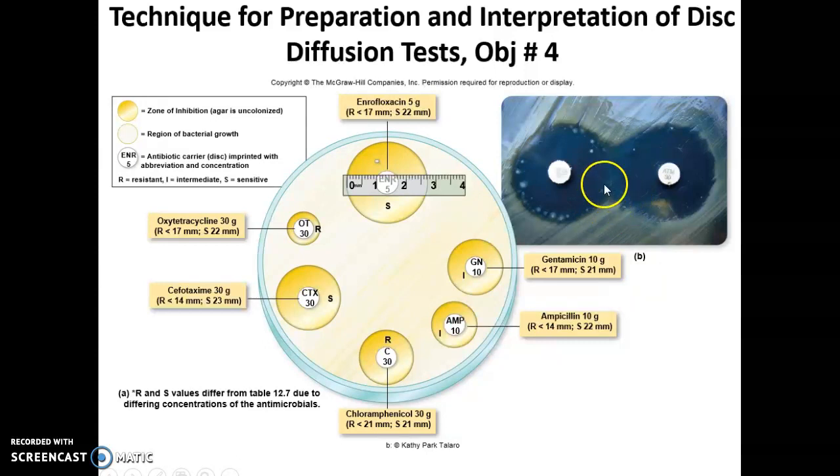These two drugs, when combined, actually act against the organism. Even though this concentration of this drug is going to allow the bacteria to still grow, and this concentration of this drug is going to allow it, the lower concentration of both of those drugs together, which you find right in here, is actually inhibitory to that organism. So this shows you what you can use to treat an organism with.